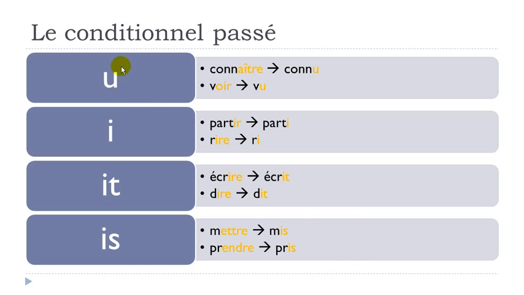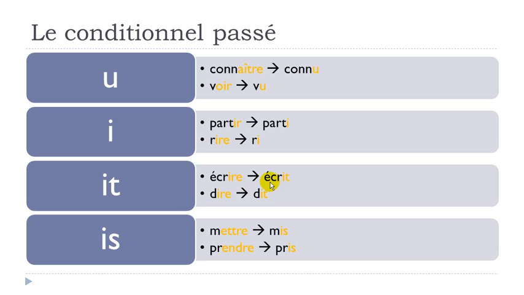So subgroups here, talking about the ones ending with U, okay? So for example, connaître, to know, will become connu, okay? Voir, to see, will become vu, okay? Ending with I, partir, will become parti. Partir is to leave. Rire, to laugh, will become ri, okay? The ones ending with ITE, like here.